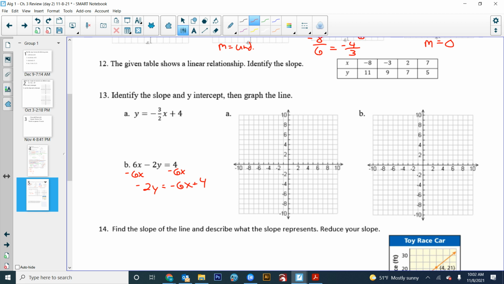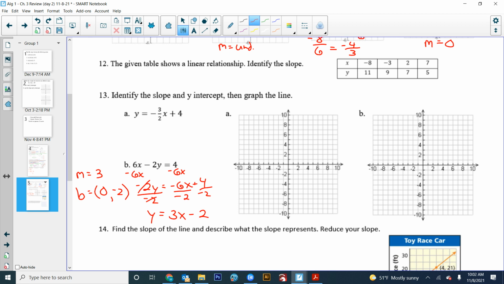Then we have to divide by negative 2, all 3 parts. Y equals 3x minus 2. Now I can tell the slope. What's the slope? 3. What's the y-intercept? 0, negative 2.